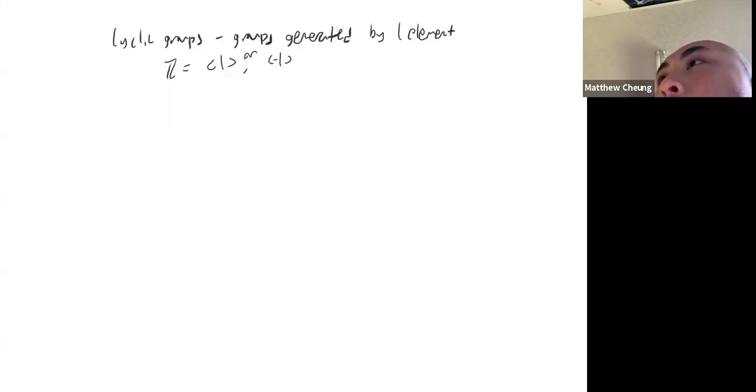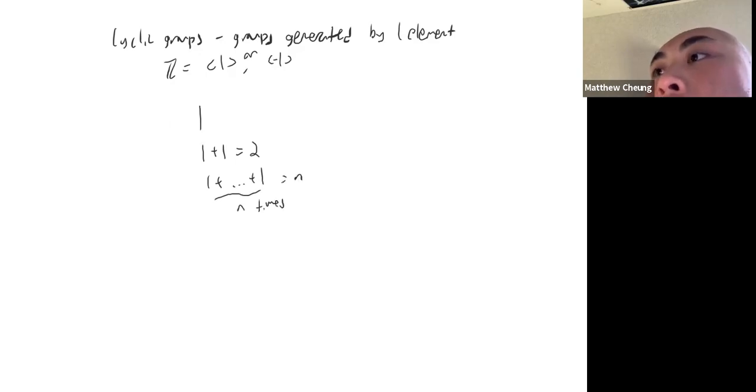So why is Z generated by 1? Well, if I start with 1, I know it's a group, so I can add 1 to get 2. Any positive number n, I can get just by adding 1 n times. Do you all agree? Now, since Z is a group, it must have an inverse, so the inverse of 1 is -1.